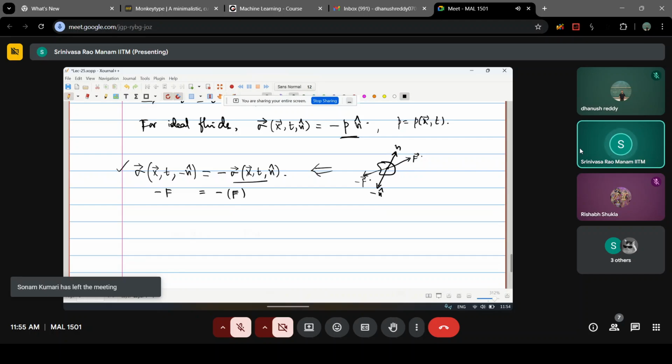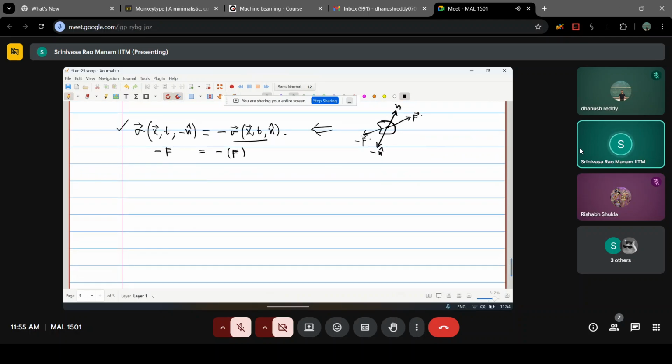Now what do you do? So now for viscous flows, what happens is that at this point, not only normal stresses, it will also have horizontal stresses, right?